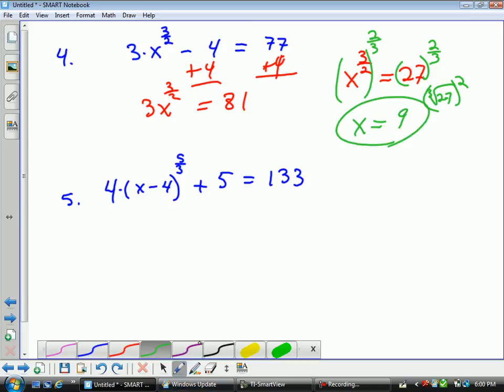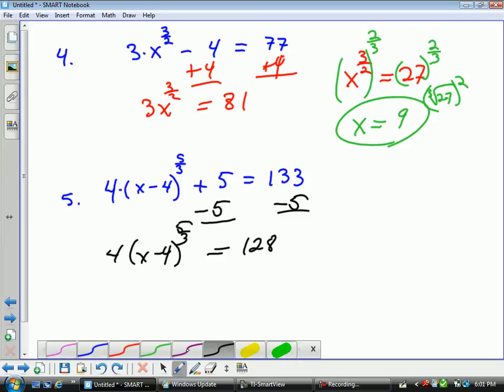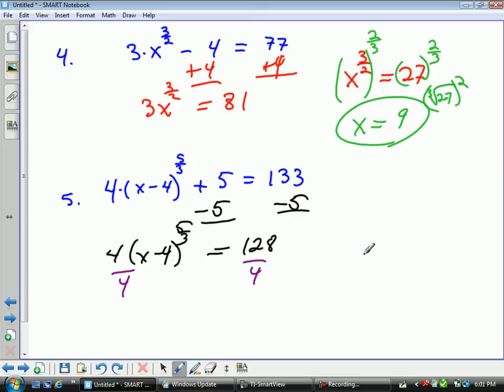Not bad. And here's the last one. Once again, got to get everything by itself. Get the x by itself on the left side there. So subtract the 5 first. Bring this down. See, that's 128. Then divide both sides by 4. 128 divided by 4 is equal to 32.